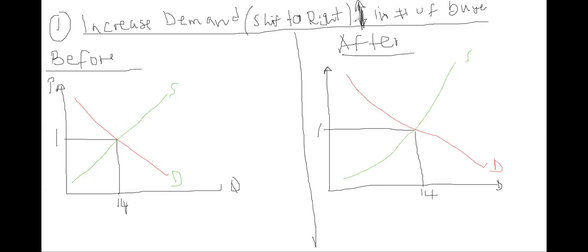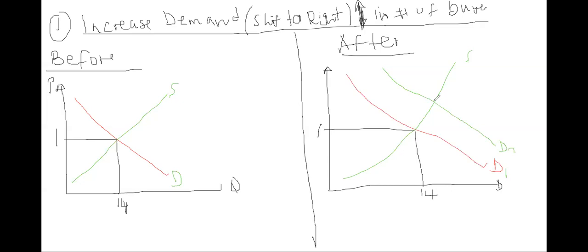So let's assume that because there was an increase in the number of ice cream buyers, demand will shift to the right. Increase in demand, or shift to the right. So we will have this shift here. Let's call this D1, then let's call this D2.